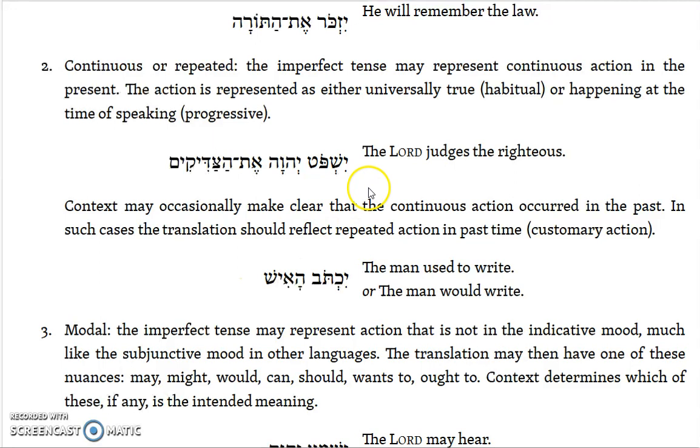The English is the Lord judges the righteous, but he uses the imperfect. Yishpot Adonai et ha-tzadikim. And here is something that is generally true. It's kind of a nomic present.